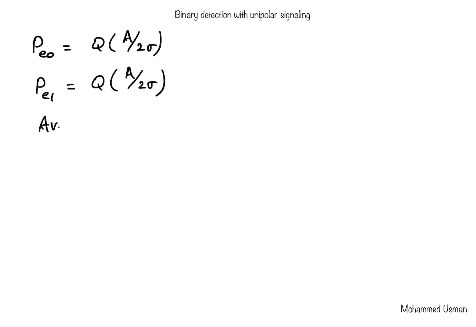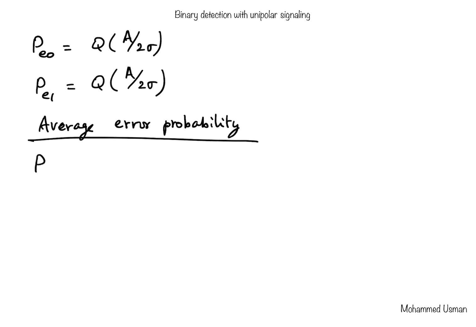Now we will compute the average error probability, which we will simply call PE.